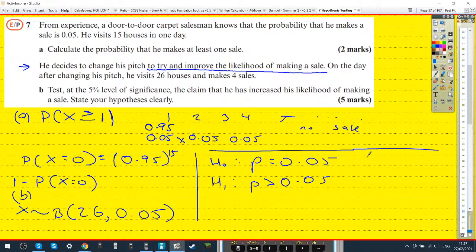For this, would you put the upper as 26? And then you just guess the lower. Well, they told you the lower was 4. Which is 0.03874.